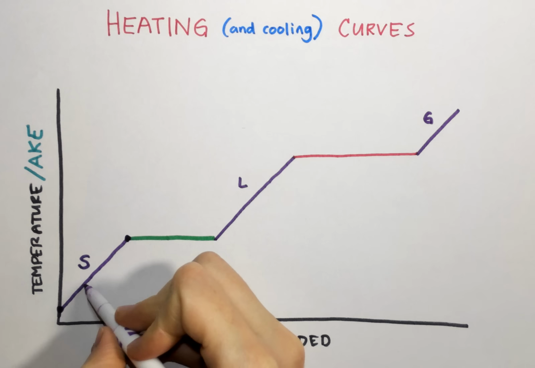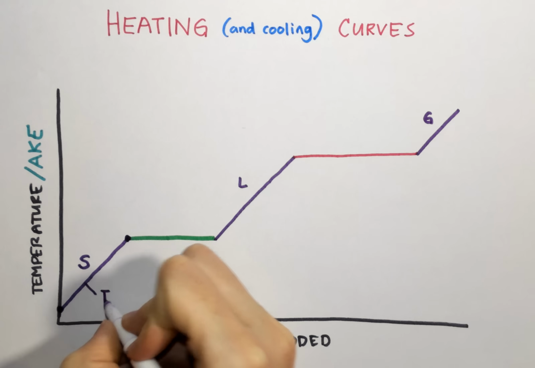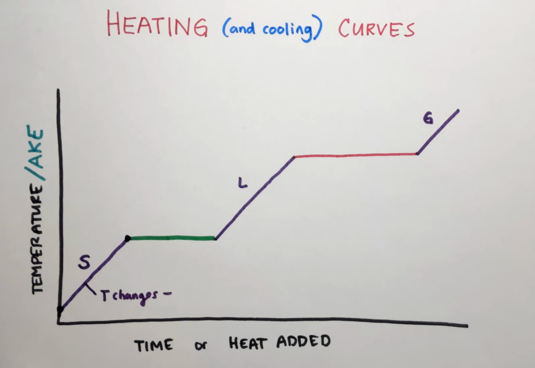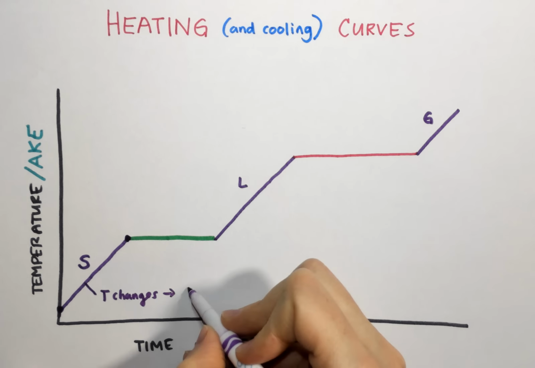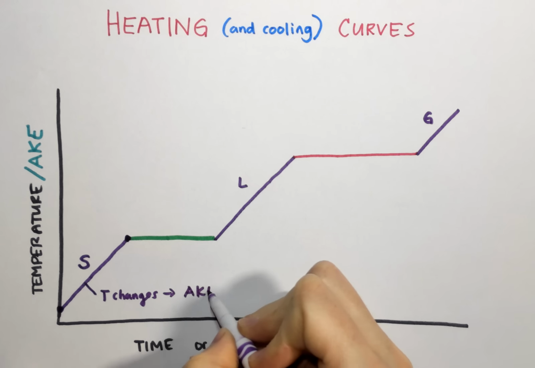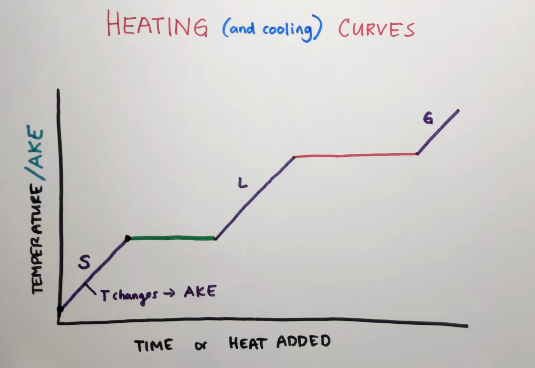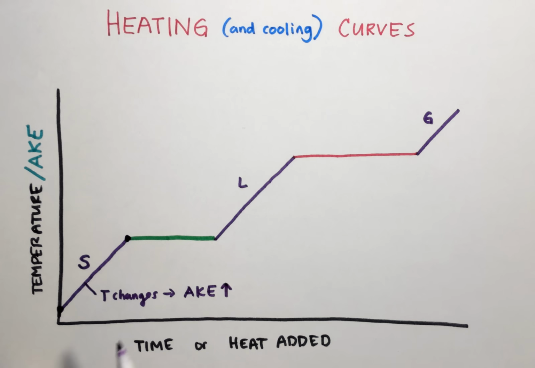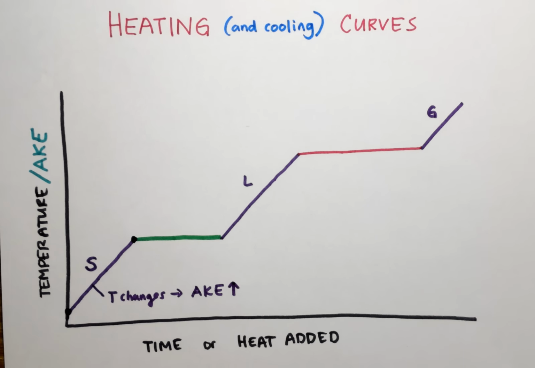So what that tells me, if temperature changes, that must mean average kinetic energy has changed. And in this case, because we're adding heat, which is a form of energy, average kinetic energy will go up because temperature went up. Temperature is our measurement of how fast our molecules are moving.